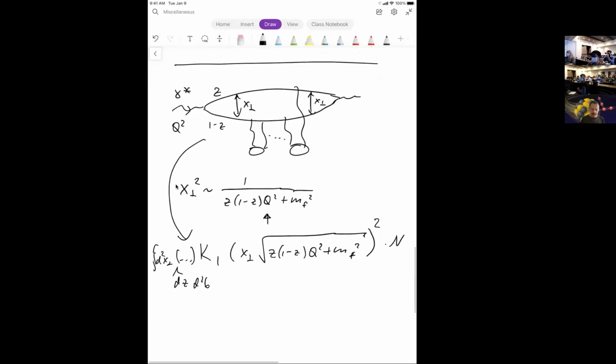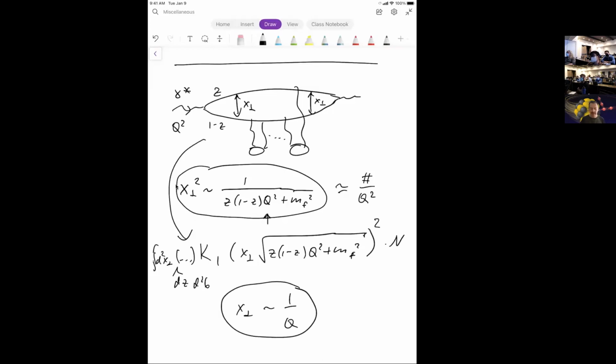But you can argue, because of these Bessel functions, that the typical x perp is inversely proportional to q. If q is large and z is not extremely small or extremely close to 1, people argue that it's some sort of a number over q squared. So loosely speaking, you can think of x perp as being just 1 over q. And there are caveats to the statement, but this is to better understand that it's just 1 over q.